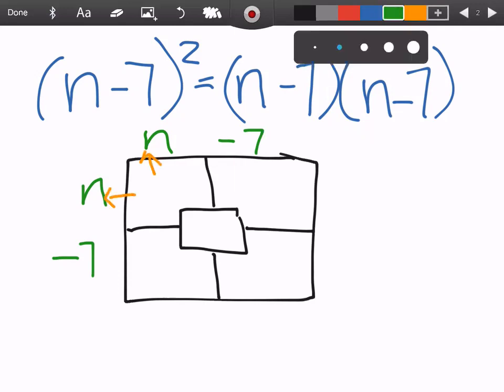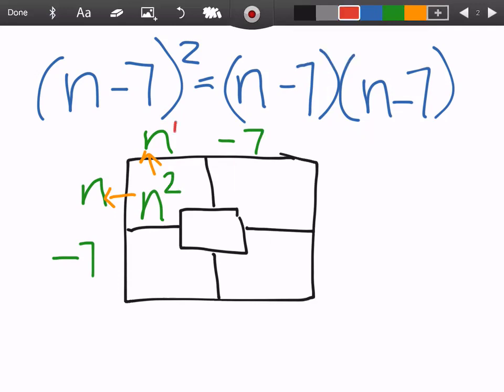So n times n gives us n squared, remembering that n times n, they both have an exponent of 1, and we add those exponents. Then we're going to take negative 7, what's on top, and multiply it by what's on the side. So negative 7 times n, which is negative 7n.